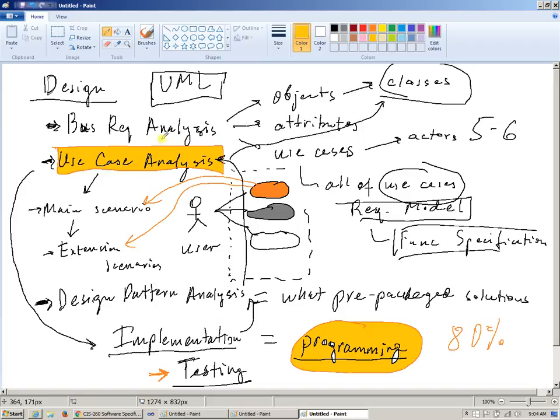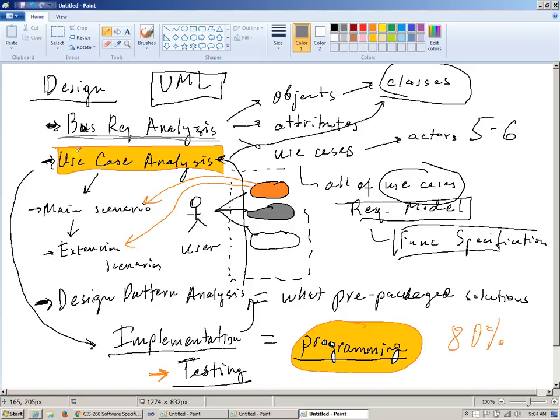Another interesting aspect of this use case analysis, which we've been discussing for quite a while, is this process. You don't write the business requirement document. The expert users, the stakeholders, people who want the system will contribute to that document.